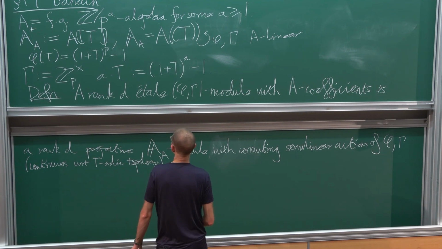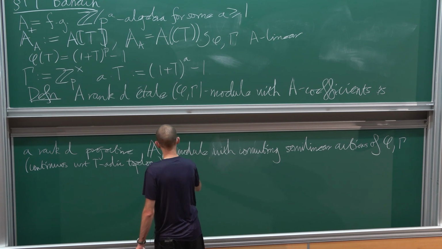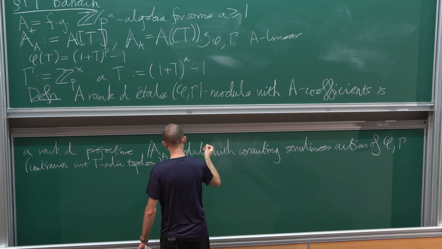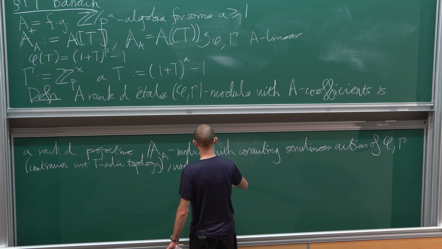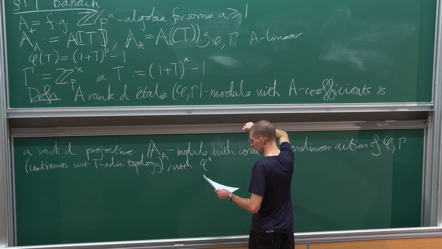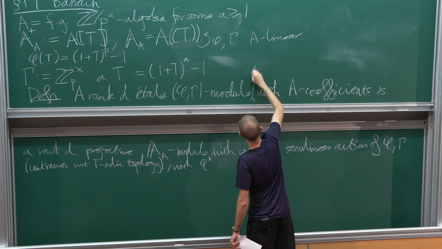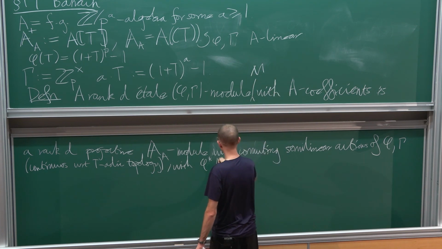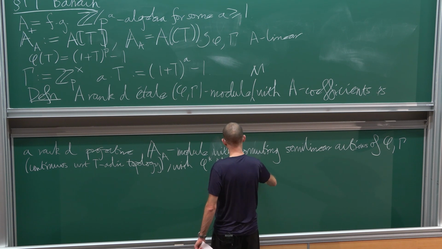So that would be a phi gamma module, and the étale part is that the linearized Frobenius is an isomorphism. So, and now I have the problem that I haven't given the thing a name, so maybe my name is M for this module, and so phi upper star M is isomorphic to M.